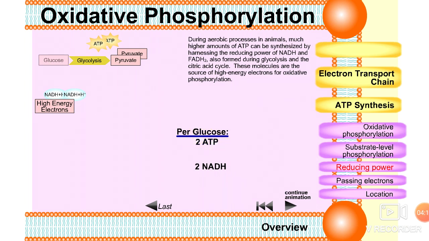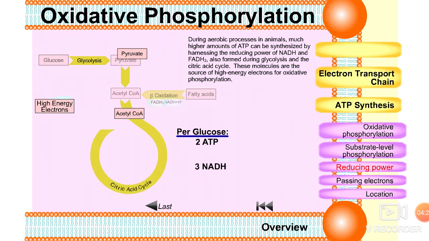If you observe in this animation, during glycolysis, two pyruvates are produced and ATP is synthesized, and also 2 NADH plus are synthesized. After glycolysis, when pyruvates are converted to acetyl CoA, during this reaction also 2 NADH plus are synthesized.